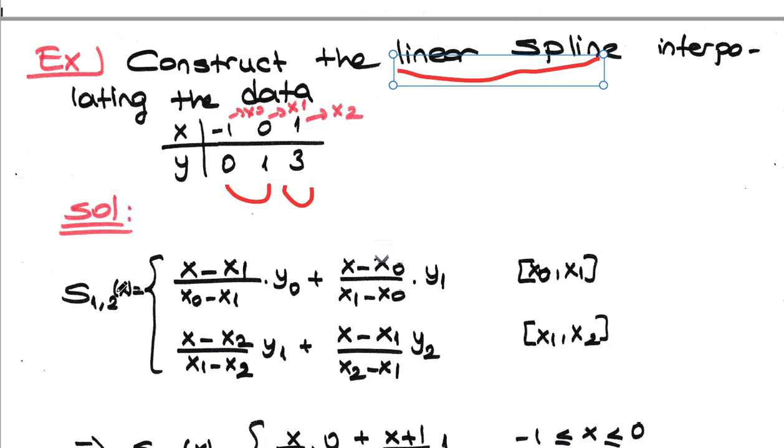So you will have 2 different spline values, whose degrees are 1. If your point is between x0 and x1, you should use this formalization. And if your point is between x1 and x2, then you should use this one. Okay?